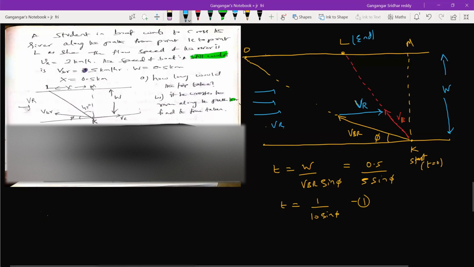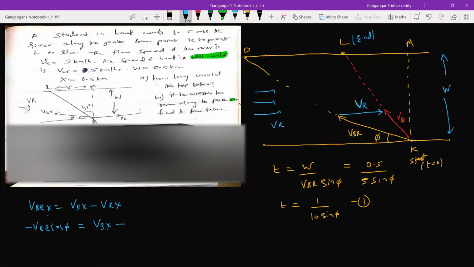What will the basics tell? VBRx equal to VBx minus VRx. What is VBRx here? Minus VBR cos phi. This is plus VR. VBx equal to VR minus VBR cos phi.